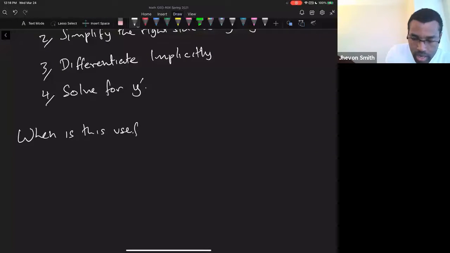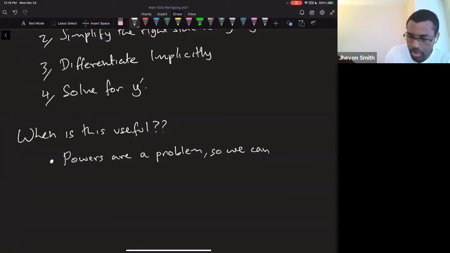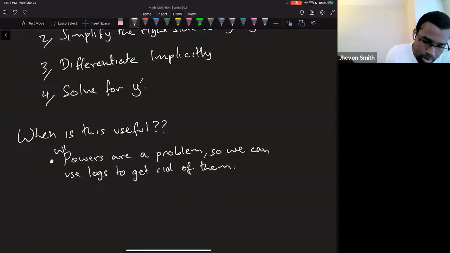Why would someone think about doing this? Couple situations. One, when powers are a problem. So we can use logs to get rid of them.